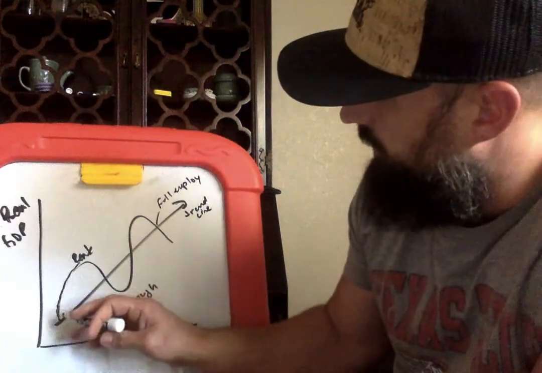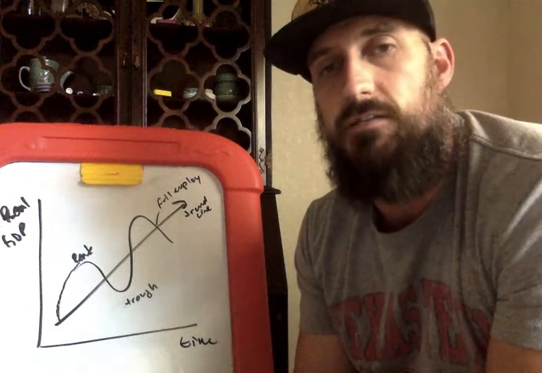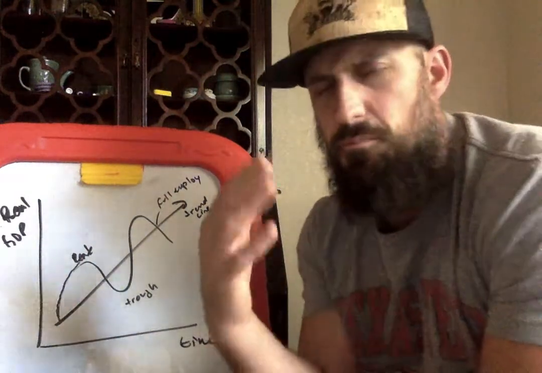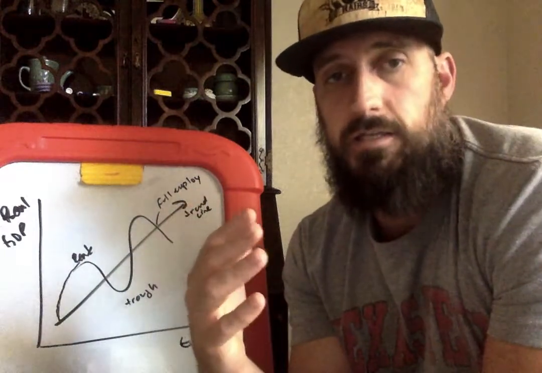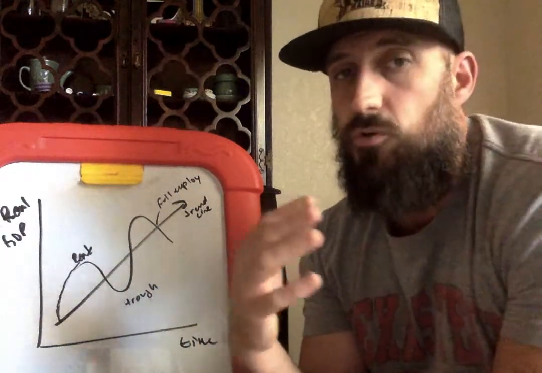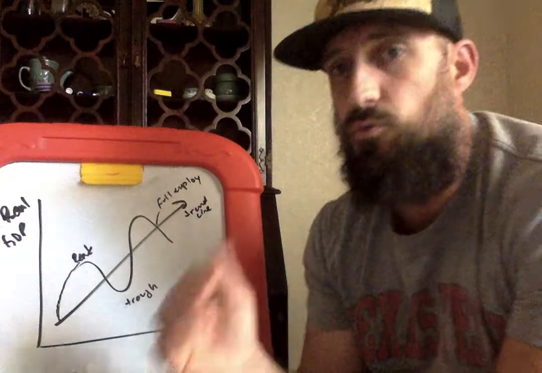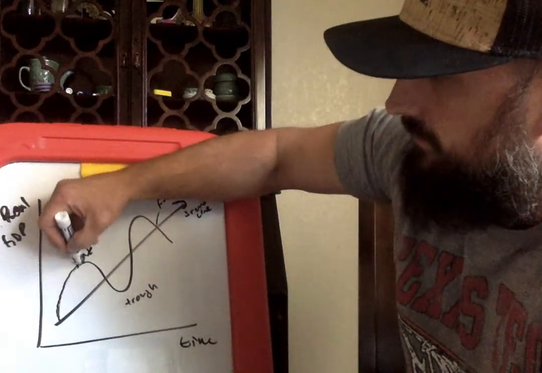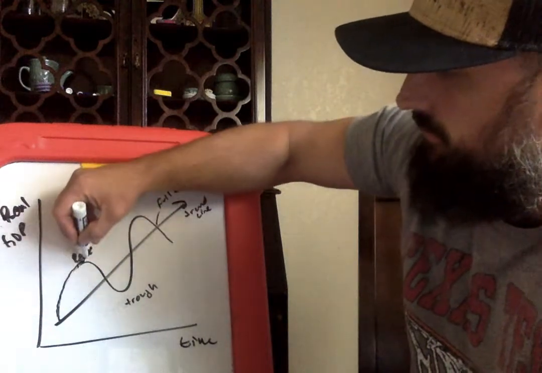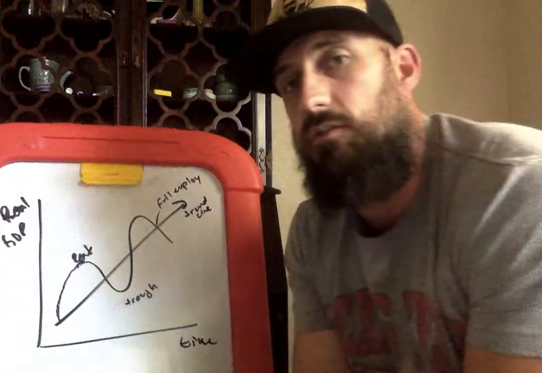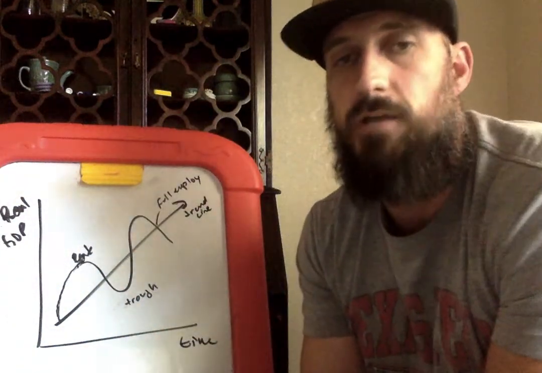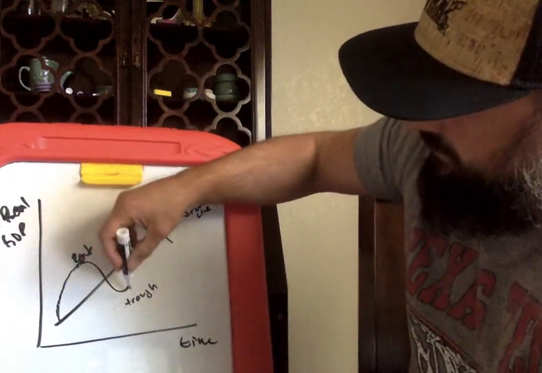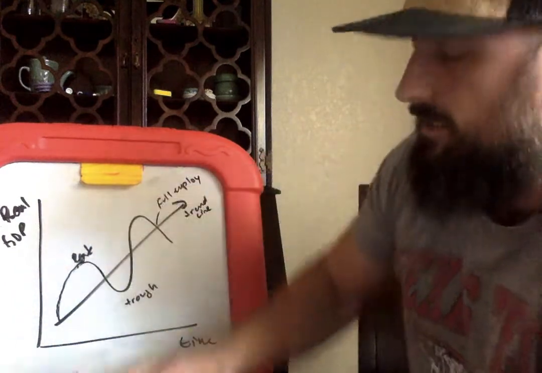So anything above this line is going to give us a positive output gap, meaning that we are producing beyond full employment, right? And we would also call that an inflationary gap, right? Because you're going to have price levels increasing when we get from here to up here. And then the tip of it is referred to as the peak, right? And then as you go down, you will see the bottom, which is a trough, right?